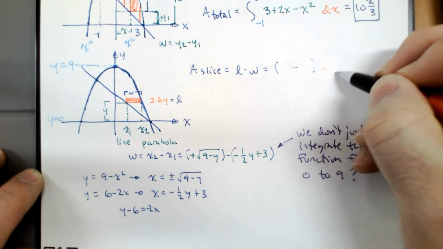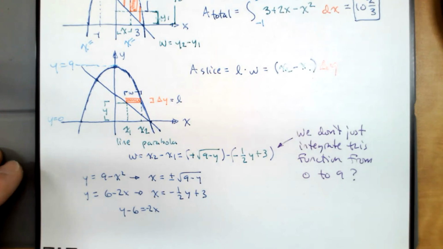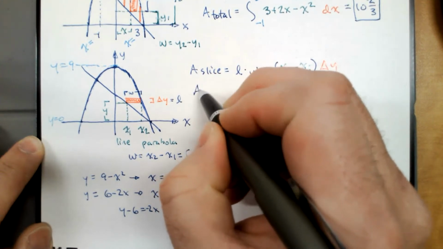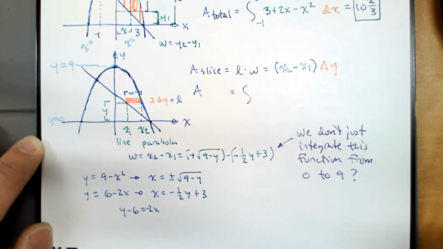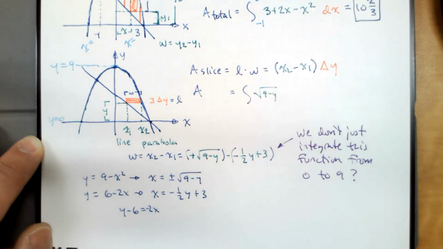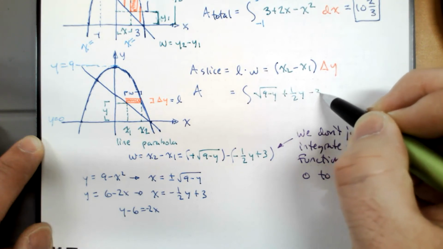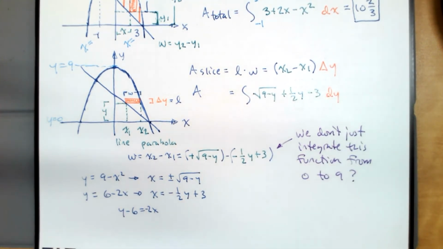Fill in some details. Why would it be inappropriate to integrate this function from 0 to 9?